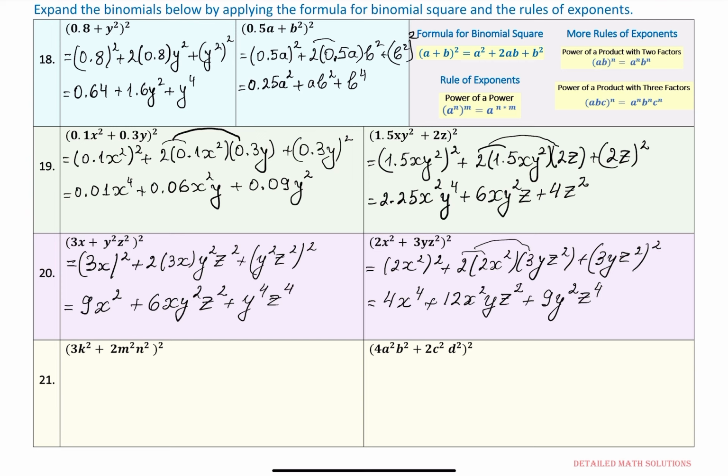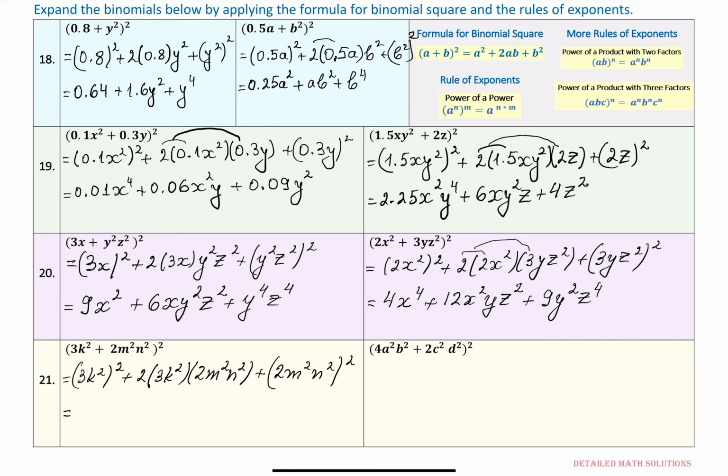Next exercise. (3k² + 2m²n²)² equals (3k²)² plus 2 times 3k² multiplied by second term 2m²n² plus (2m²n²)².